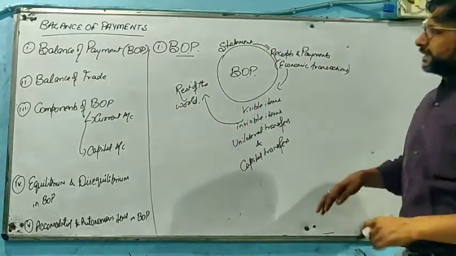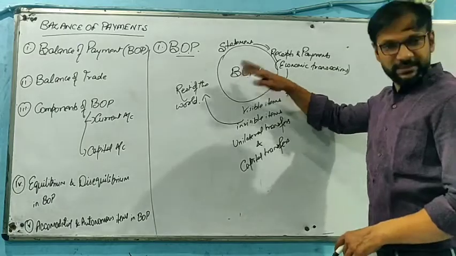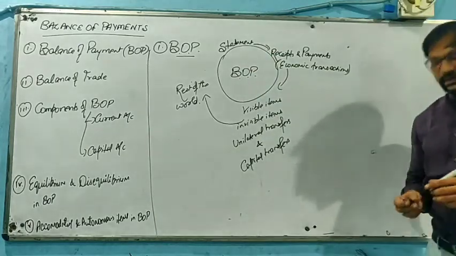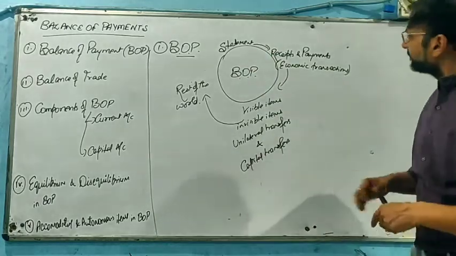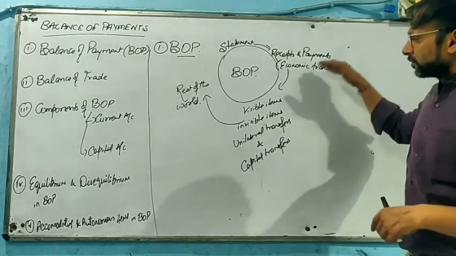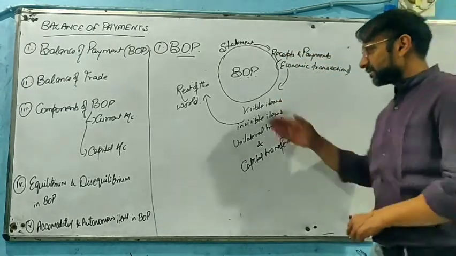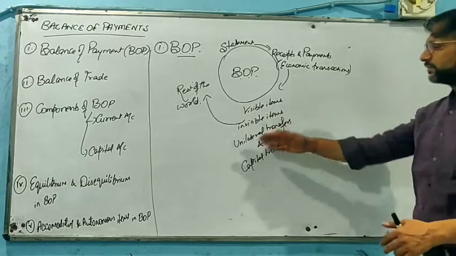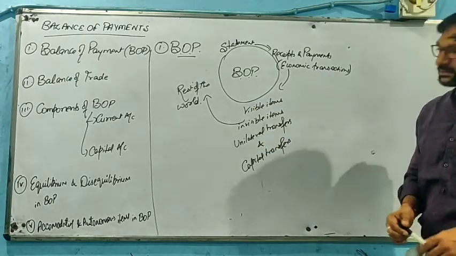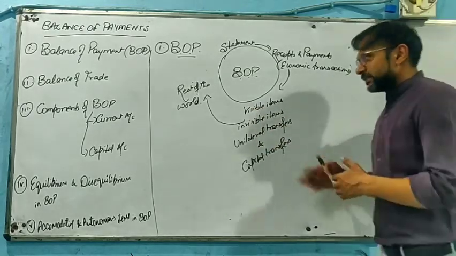It means, again we say, balance of payment is basically a statement of all economic transactions that are concerned with receipts and payments of all items, that are visible items, invisible items, unilateral transfers, and capital transfers with the rest of the world.